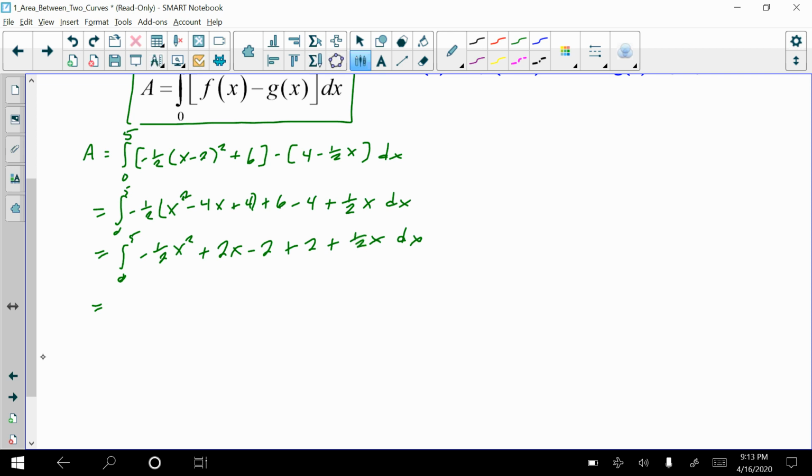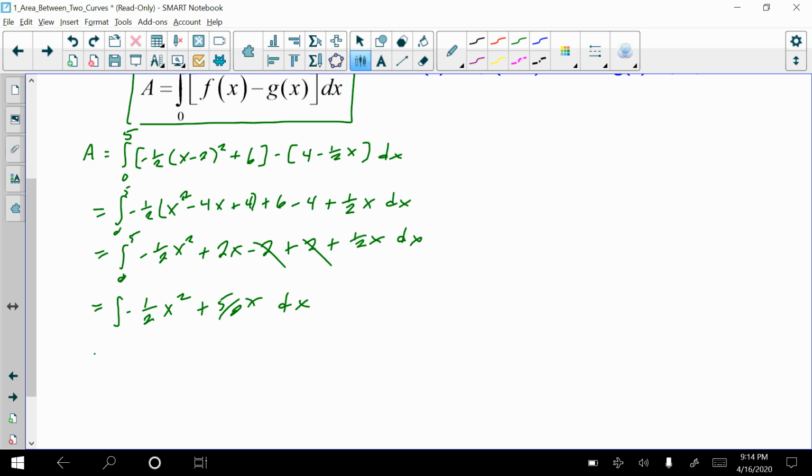What you're going to see here is that the positive and negative 2 wind up going away. And of the like terms that are left, the x squared is the only x squared term, so we get negative 1/2 x squared. And when I say 2 plus the 1/2, that's 2.5, which in this case I'm going to write as a fraction, 5 over 2 x, dx.